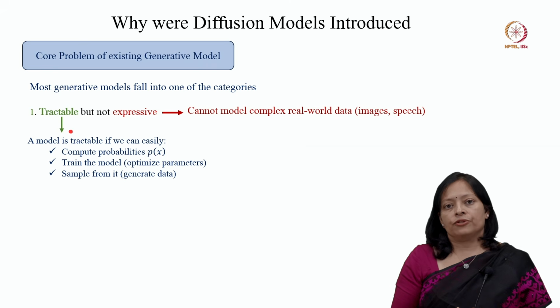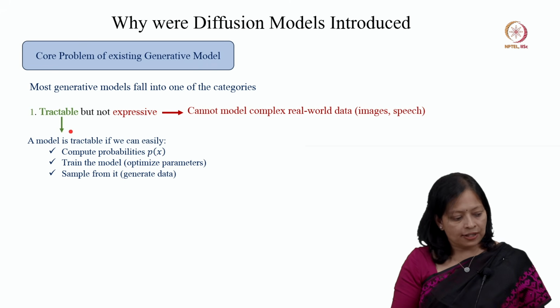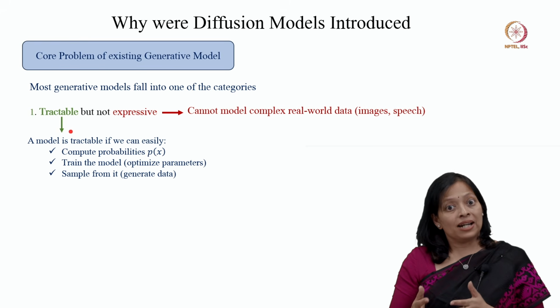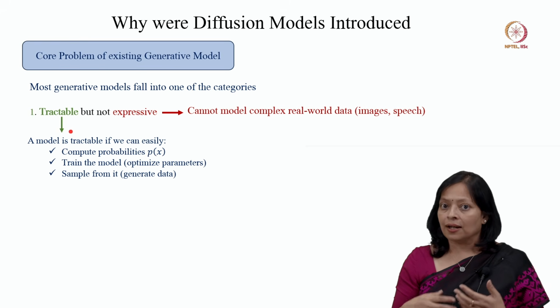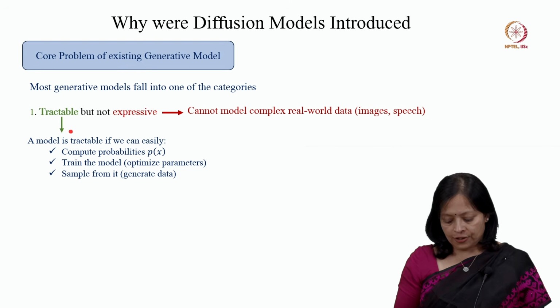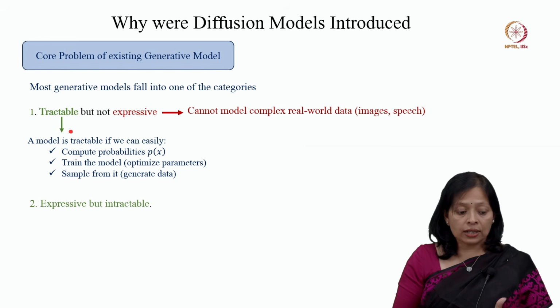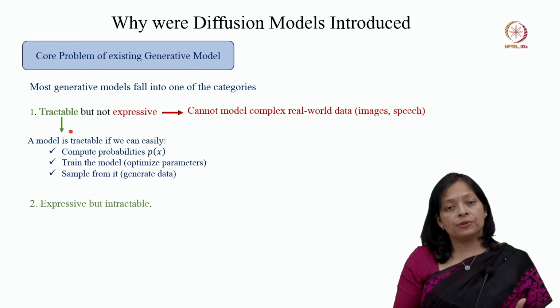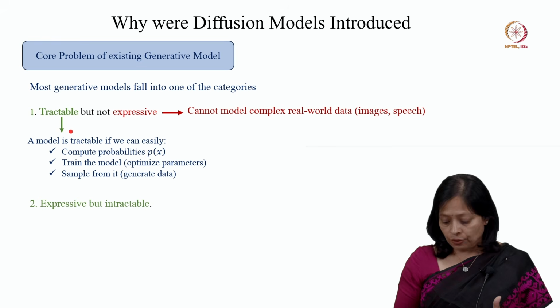So, the existing generative models that we had were either tractable but not expressive, that is, they are unable to handle real world complex data like images, speech, etc., or they can be expressive, that means they are able to handle real world data, but not tractable.